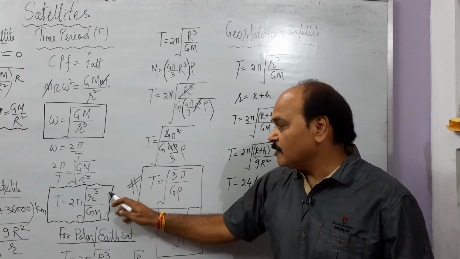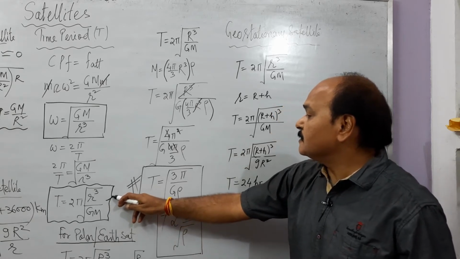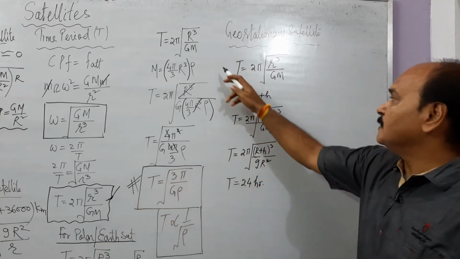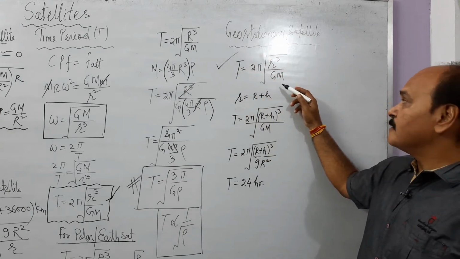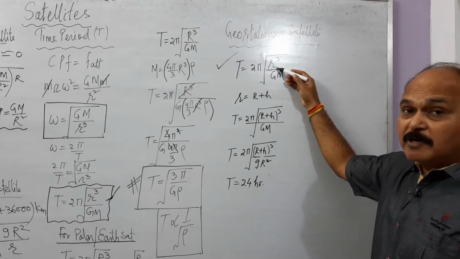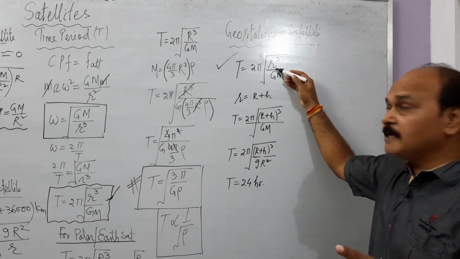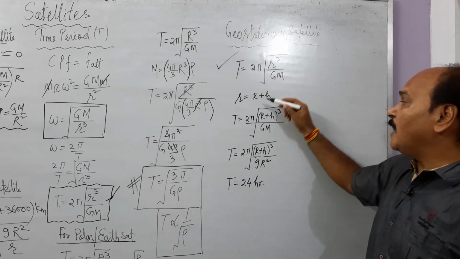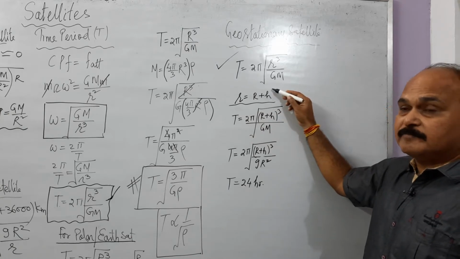So what is the difference here? This is the value of time period which is written here. This is 2 pi times square root of r cube upon GM. For a polar satellite, this small r is equal to R, the radius of the planet. But for a geostationary satellite, this small r is going to be R plus h. This h is 36,000 kilometers.